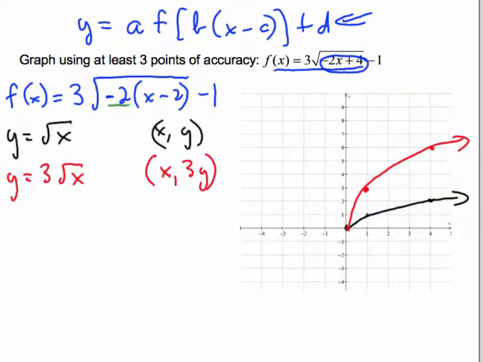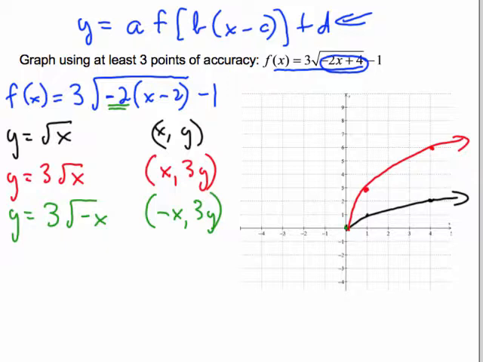Next I'm going to move into the negative that's in the x, and we know that that's going to reflect the graph across the y-axis. The x will switch sign. Graph reflects across the y-axis. Then we're going to apply the 2 that's multiplied by the x.